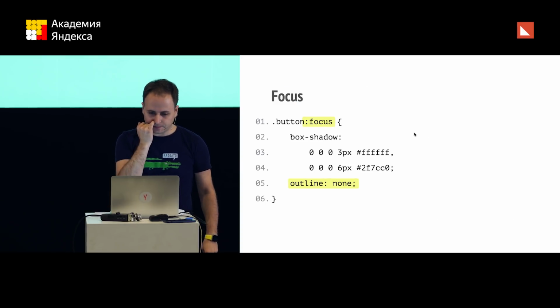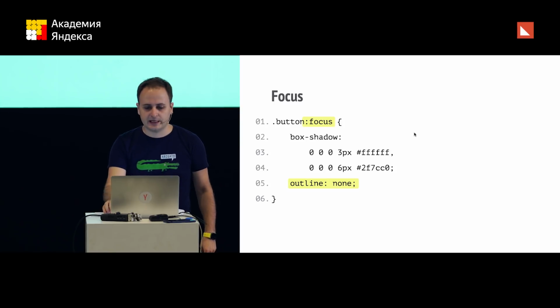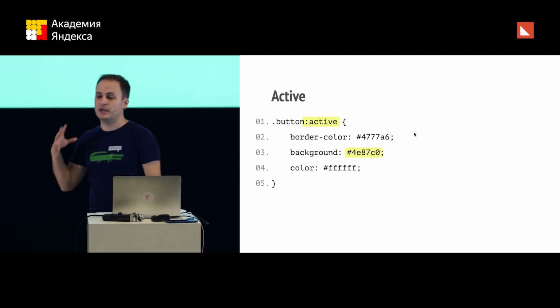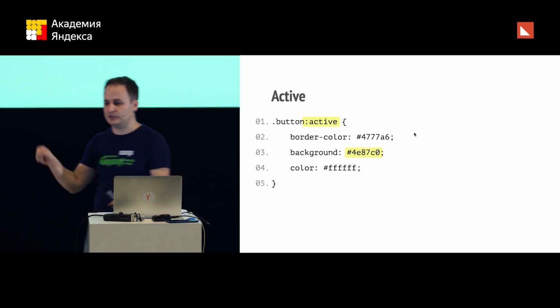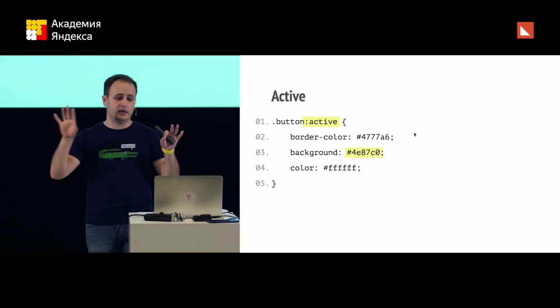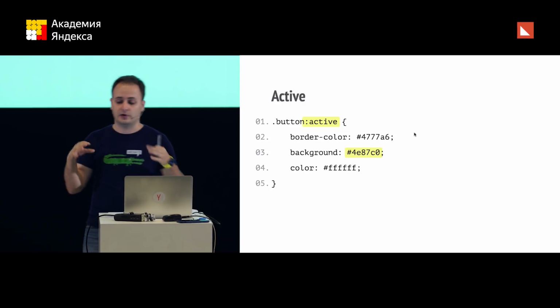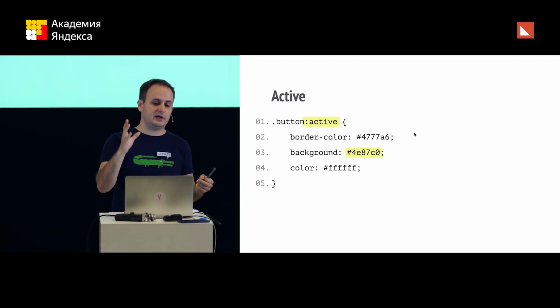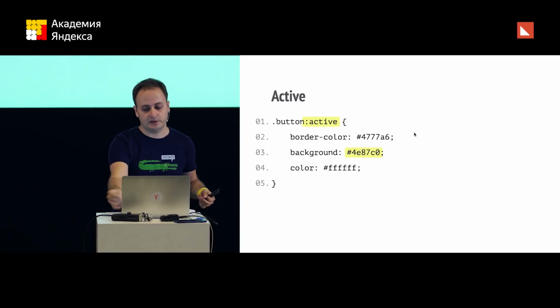Because divs also respond to the active state. So if something is clicked, like any element, table, div, whatever, if it's clicked or pressed, it becomes active. So remember this. It could be useful in some cases.